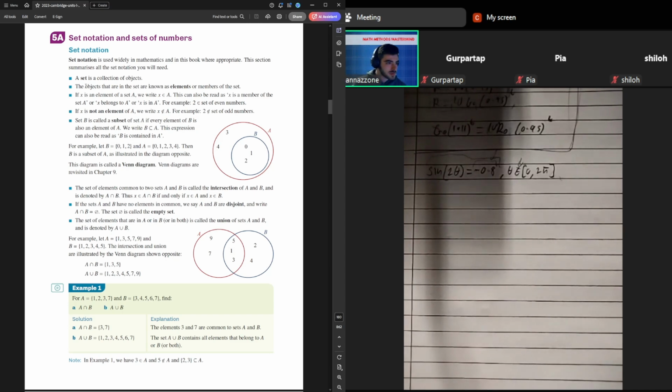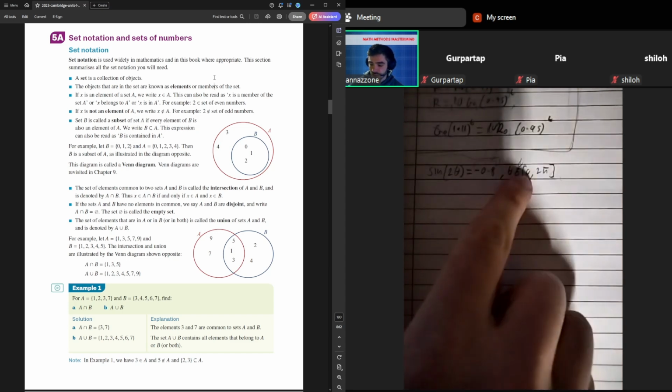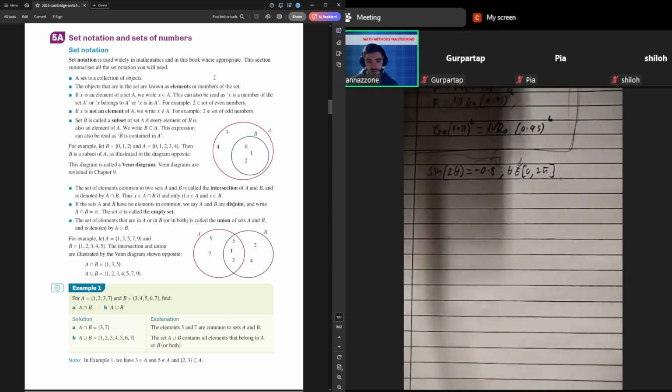Okay, so first things first, we use this element symbol to say that the thing on the left belongs to the set on the right. So when we saw in the handwritten bit, I said theta is an element of 0 to 2 pi. It just means that my angle theta belongs to the set that is described by all the numbers between 0 and 2 pi.